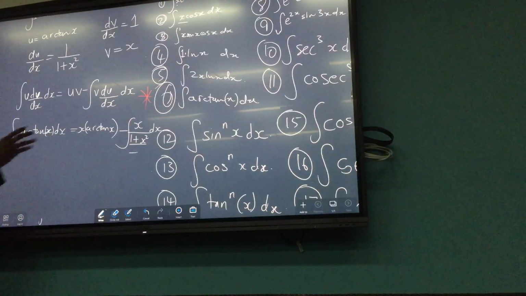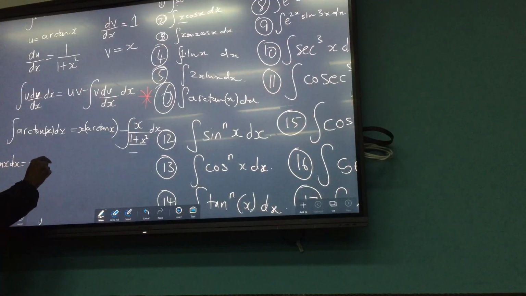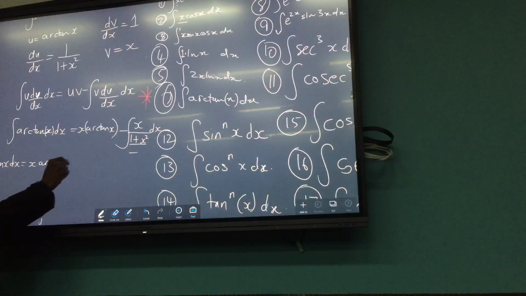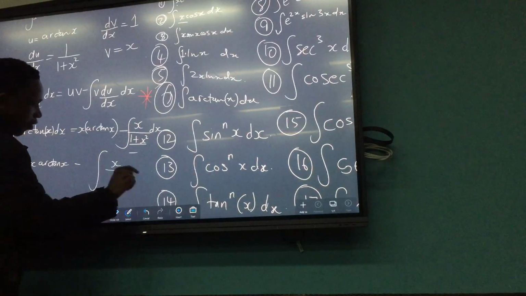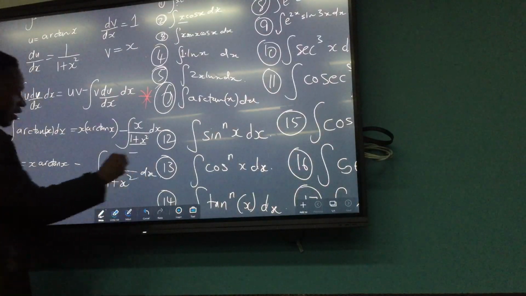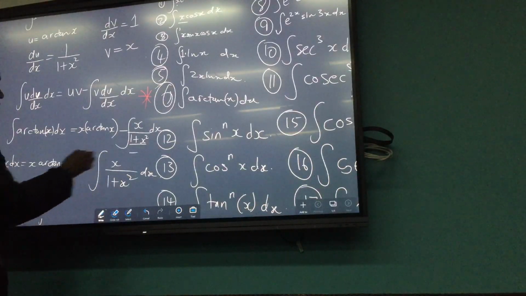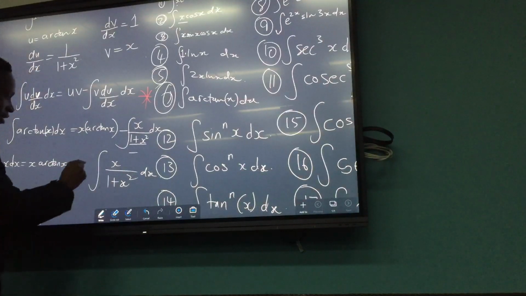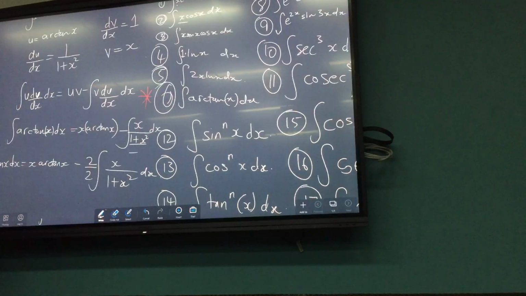So let me rewrite here because I don't have much space there. I'm going to have the integral of arctan of x dx equals x arctan of x minus the integral of x over 1 plus x squared. Since if we derive the denominator we get 2x, and here we have x, not 2x, we're going to adjust so that we get the 2x that we want on the numerator.